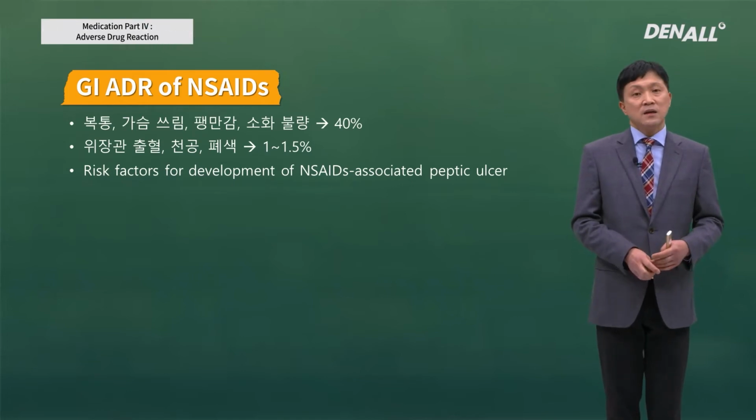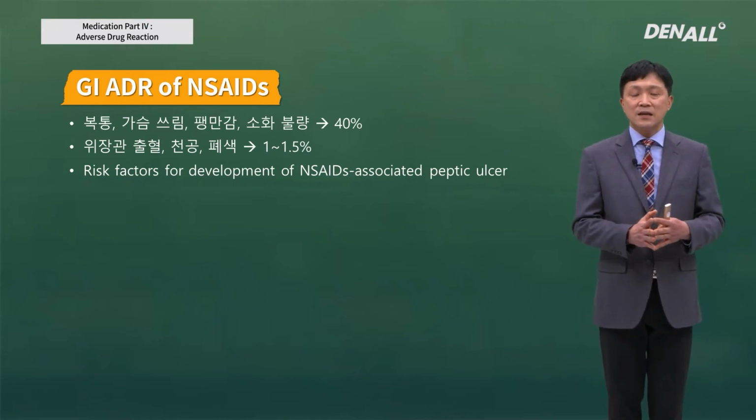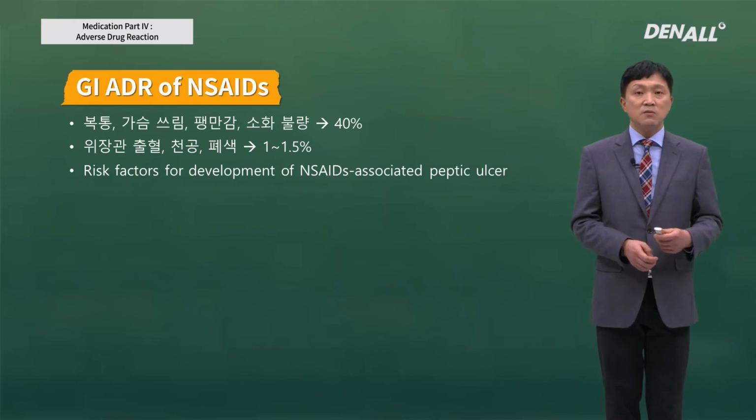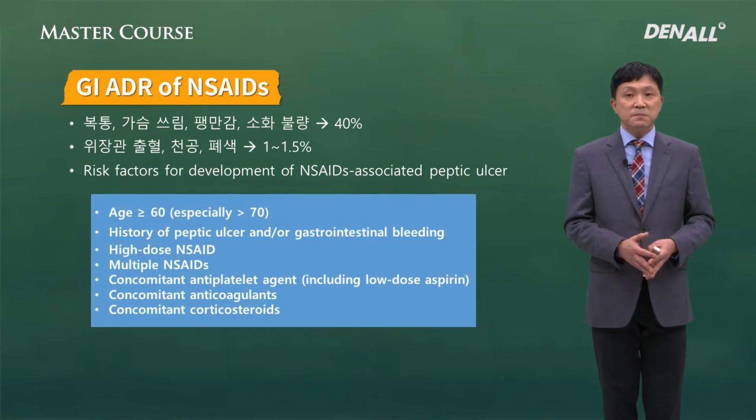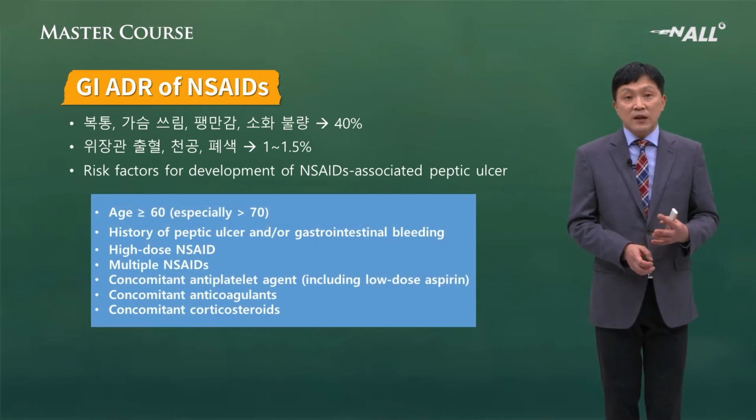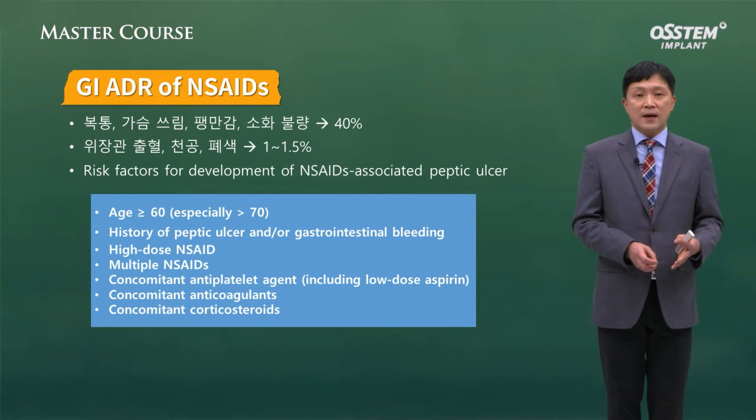Today, not only dental offices but other medical departments use NSAIDs quite a lot, so people are on long-term use of NSAIDs, increasing ADRs. So these are the risk factors: age, 60 or over, especially over 70. The incidence would go up.